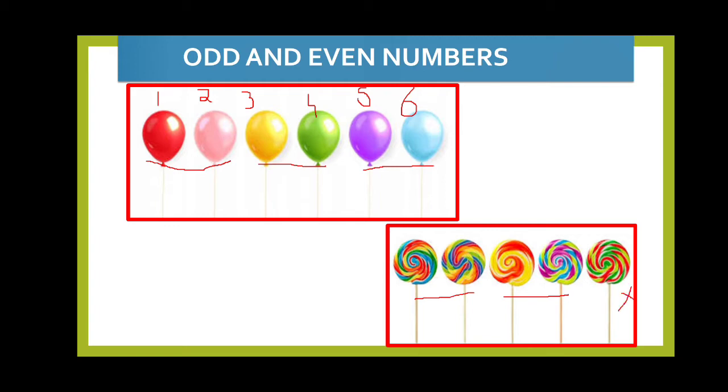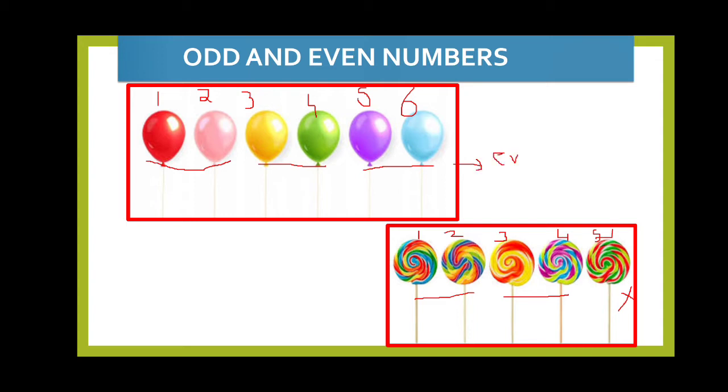So let us count total how many lollipops we have. 1, 2, 3, 4 and 5. So total we have 5 lollipops, and the number 5 is not making a pair. The numbers which make a pair are called even numbers.